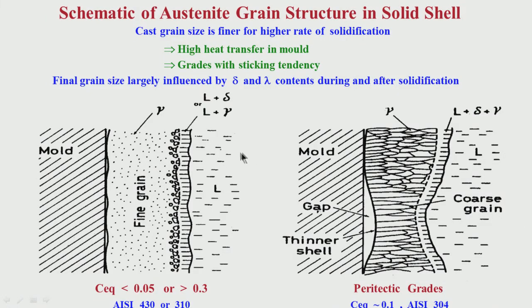Similarly, as I have told you, for this type of grades, normally you have to use relatively more intensity of secondary cooling. For such type of grades, we do not want high rate of heat transfer, not only in the mold, even below the mold. So, the secondary cooling also is relatively less.